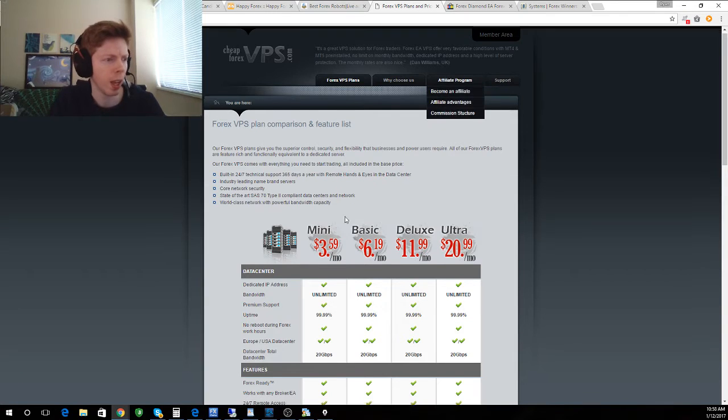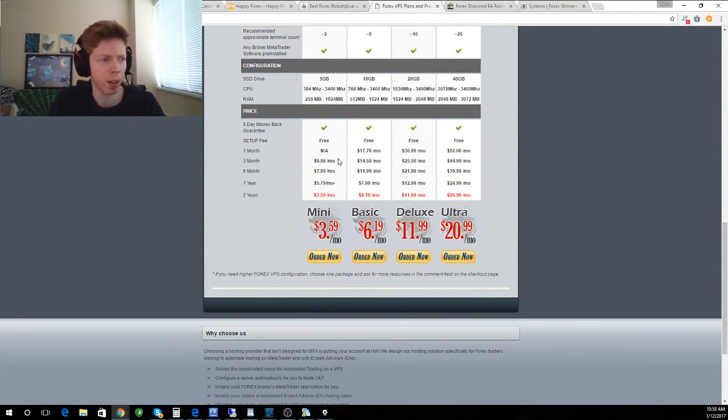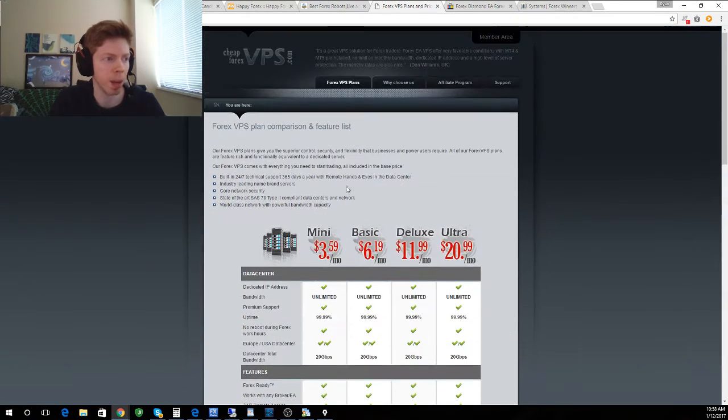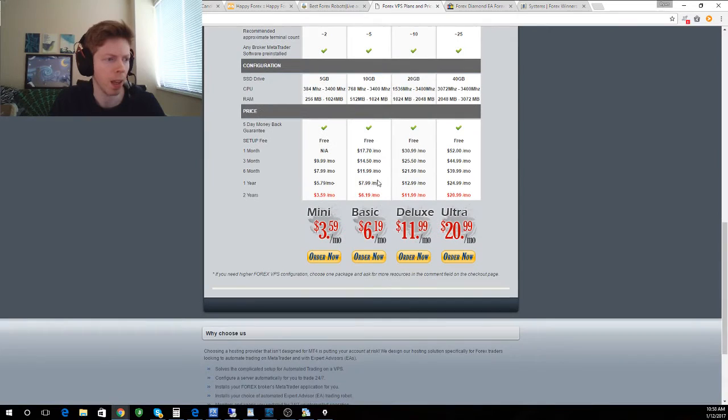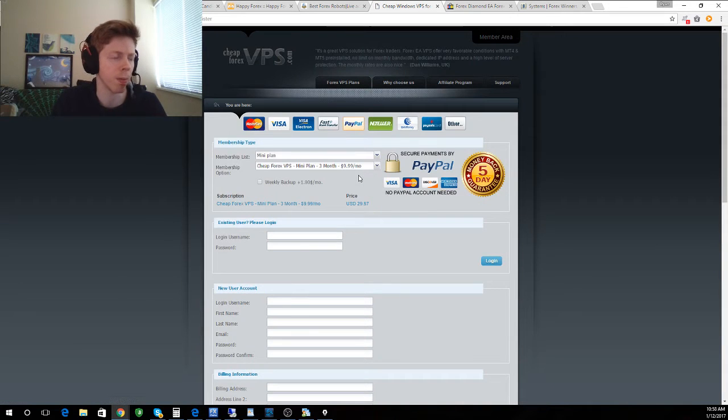You can see the price plans as well. It's one of the cheaper VPSs that you can get out there. If you get the mini plan, it's not expensive, and it's sure as hell not fast. But if you're running one or two platforms in the background, it may be good enough.